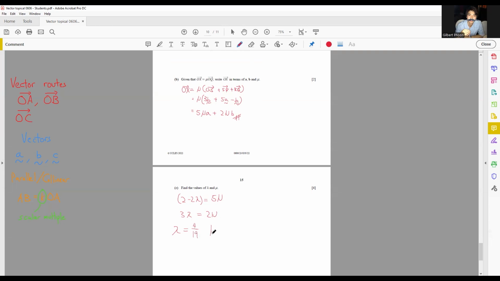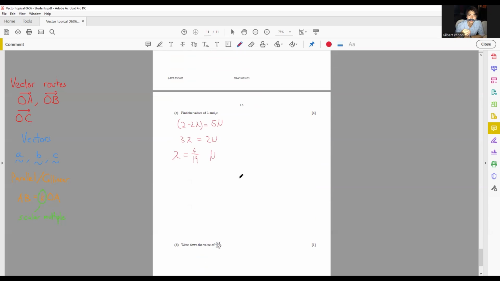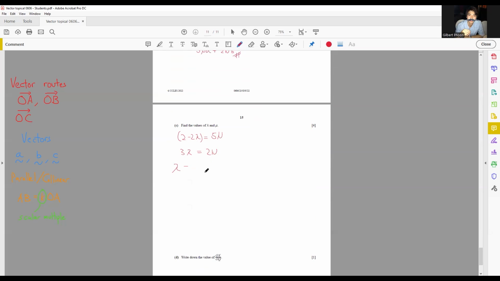And then mu, since it's a 4-mark question, no harm in writing down more working, right? Let's write down more working here. In this case, lambda is equal to 2 over 3 mu. Then substitute it into the equation here. 2 minus 2 times 2 over 3 mu is equal to 5 mu.